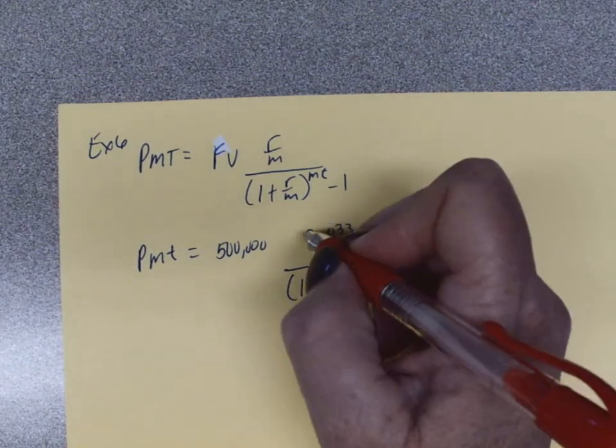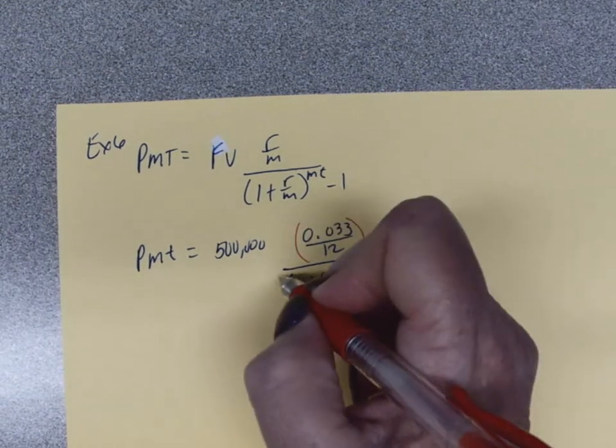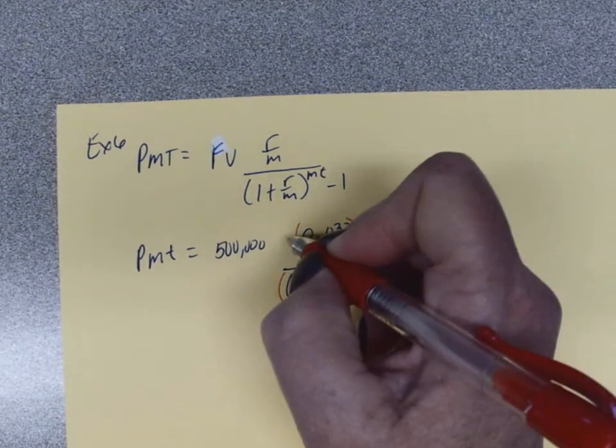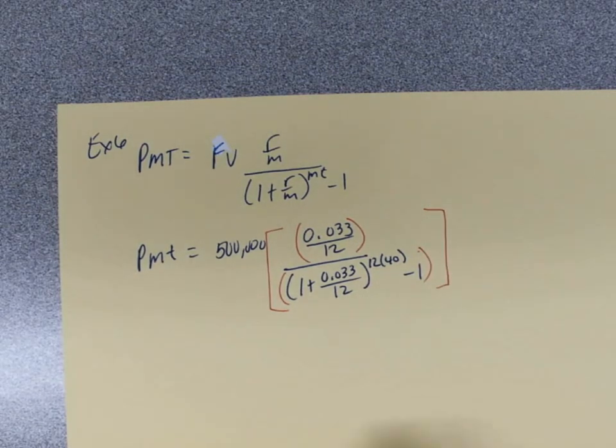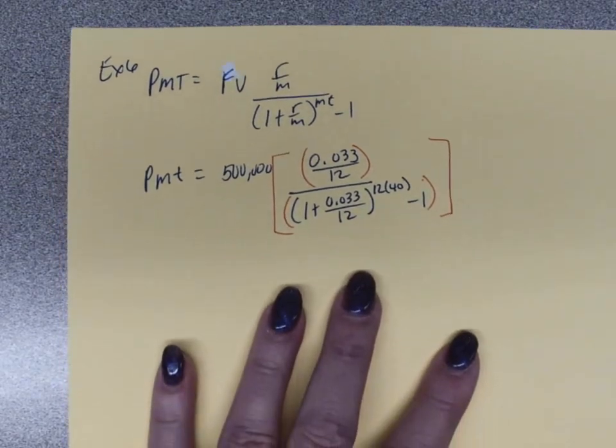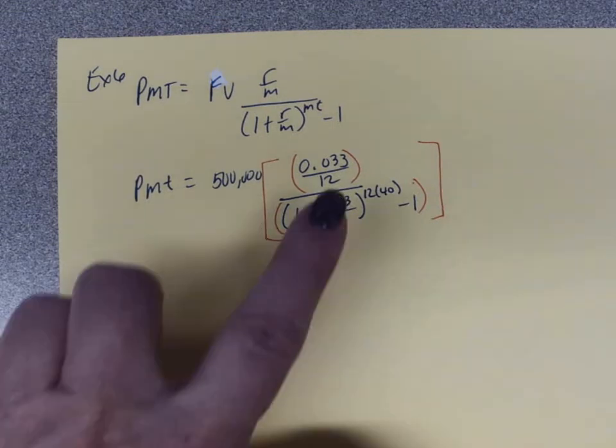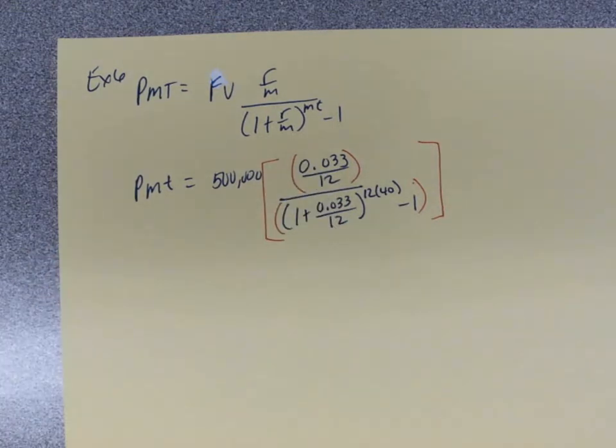All right, so we got to have parentheses on the top, parentheses on the bottom, and then a bracket. And I do these in red just so you know for sure. You must have these, otherwise it's not going to come out to the right answer.